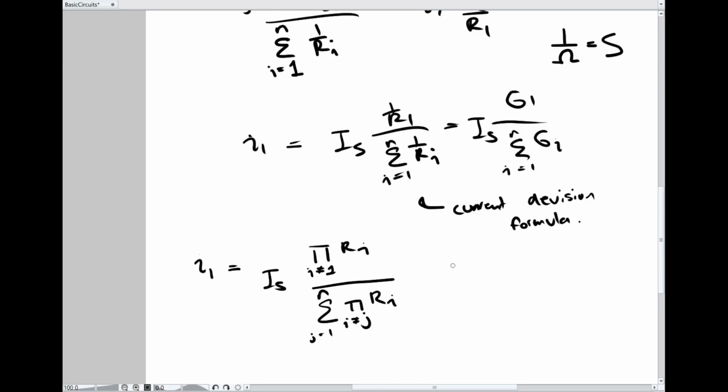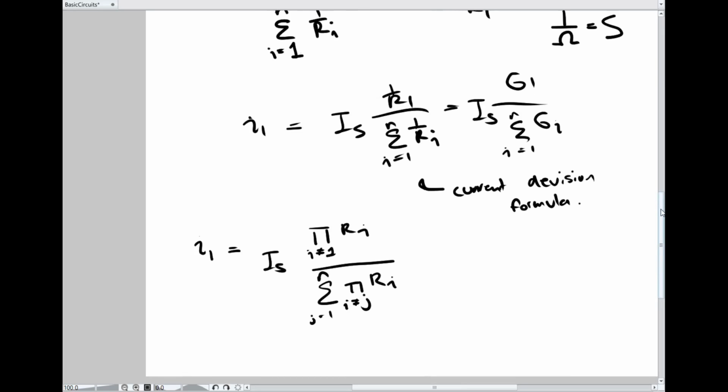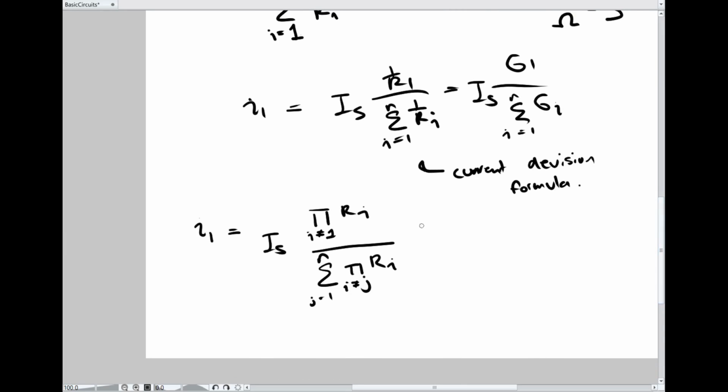And in, say, the two resistor case, we would have a formula like I1 is equal to I source times R2 over R1 plus R2, right?